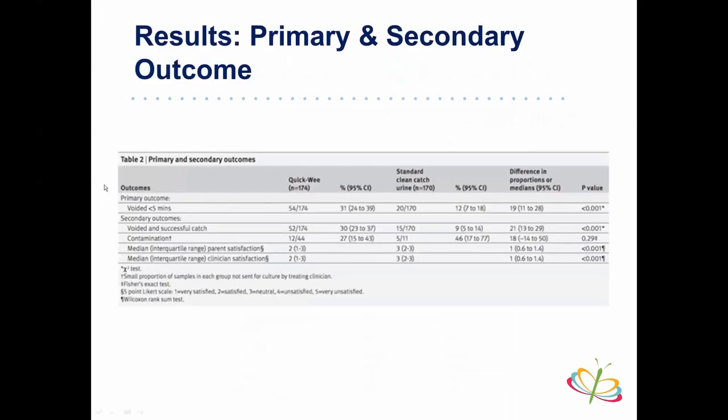So this is a table looking at primary and secondary outcomes. Their primary outcome was voiding within 5 minutes.